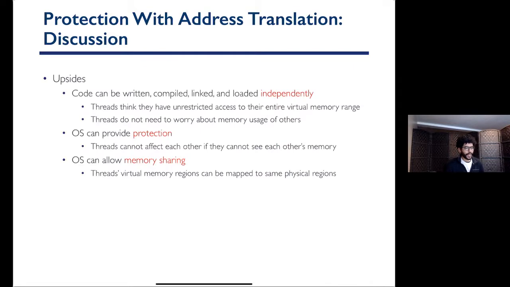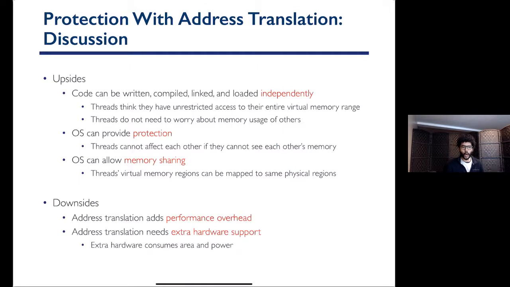So again, this slide basically puts together all the benefits that I just talked about. It allows us protection, it allows us memory sharing, and it also allows each compiler and linker to act independently without thinking about where in physical memory the code is going to go.